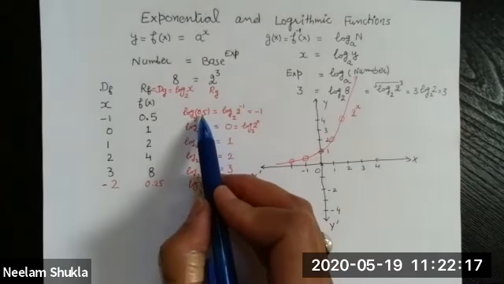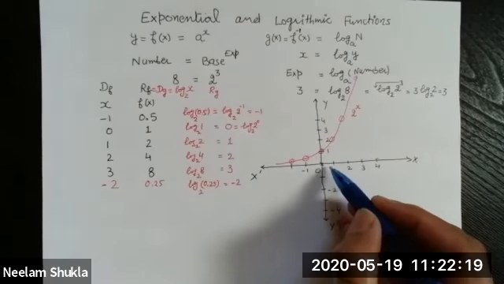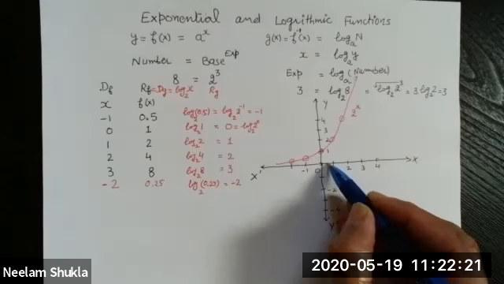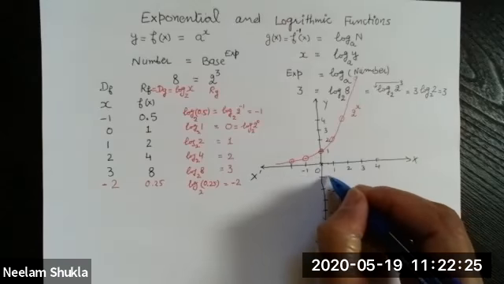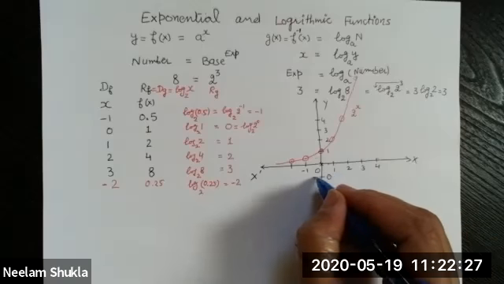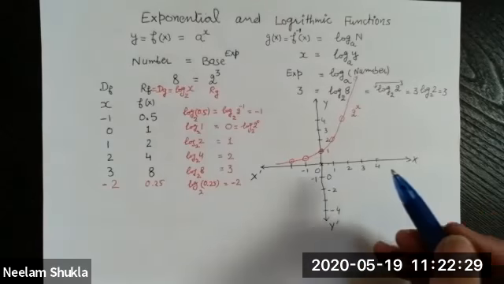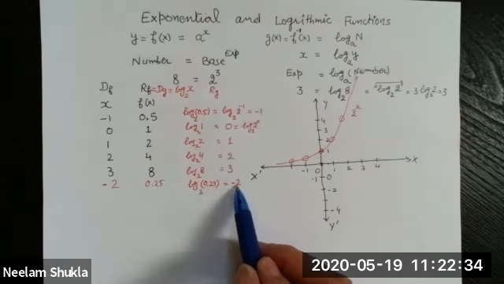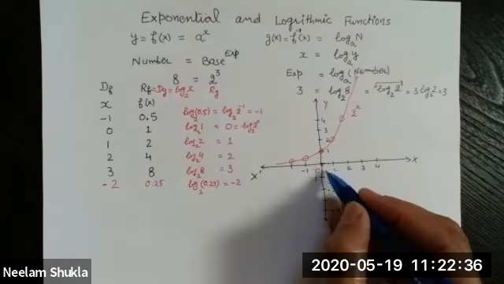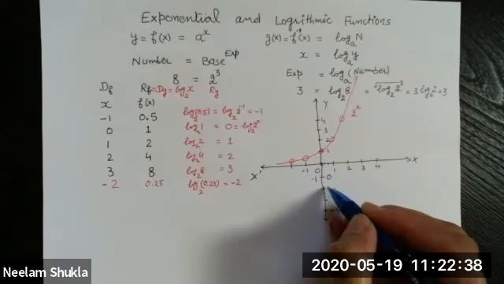When x is equal to 0.5, the y value is -1. And I can pick this value from the bottom. 0.25 value is -2. So we can go a little more down here.